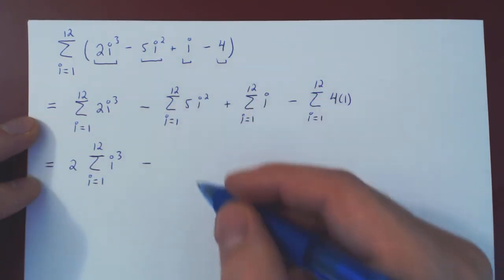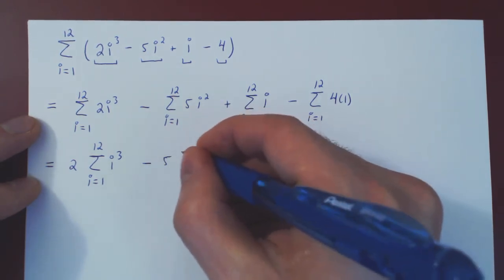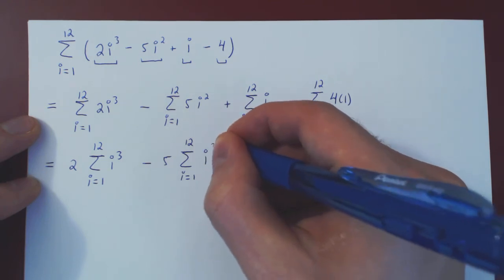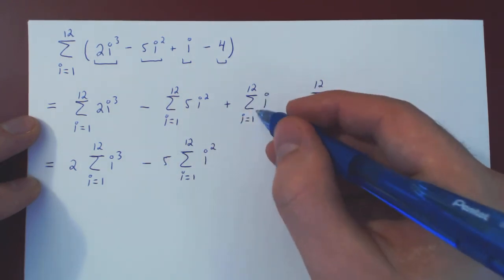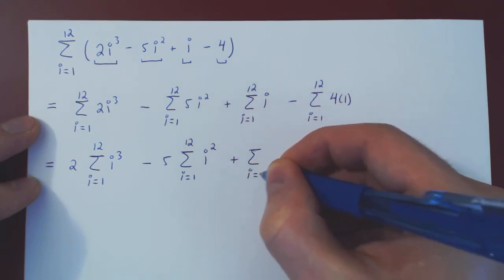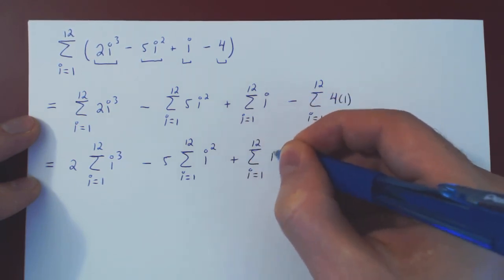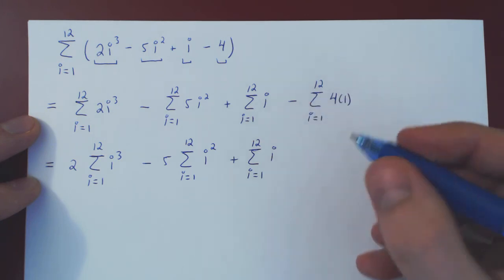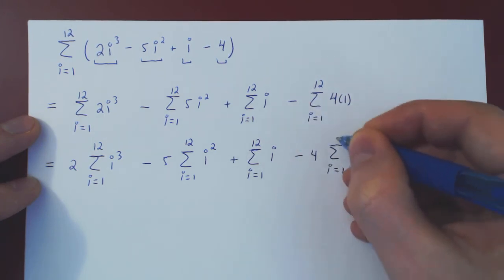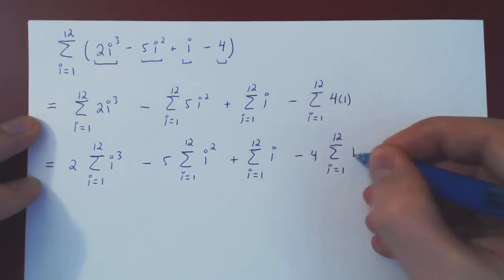Minus, let's move the 5 outside, so minus 5 times the sum, i going from 1 to 12, of i squared. There is no multiple here, it's already the sum of i, so we leave it as is. We move the 4 outside, so minus 4 times the sum from 1 to 12 of 1.